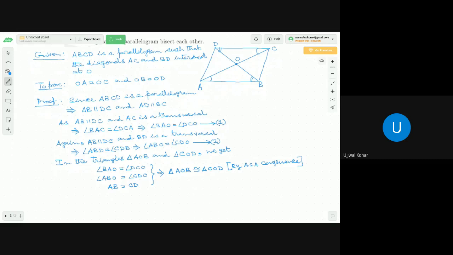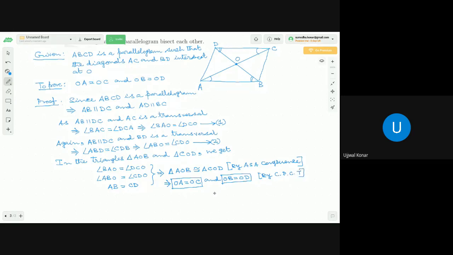As these two triangles are congruent, we can say OA is equal to OC and OB is equal to OD, by CPCT, correct?